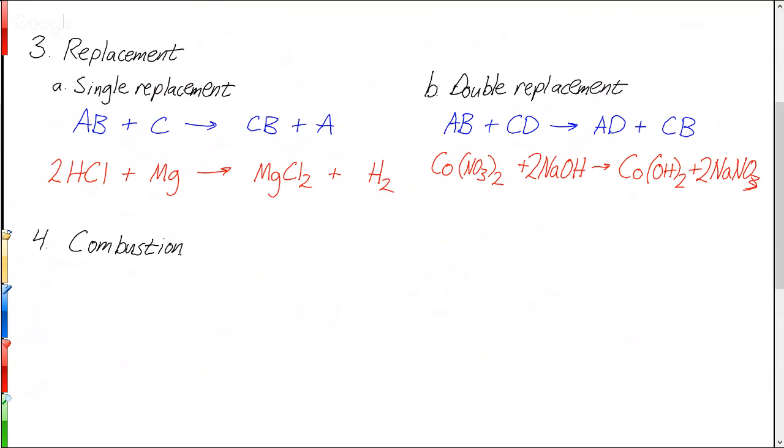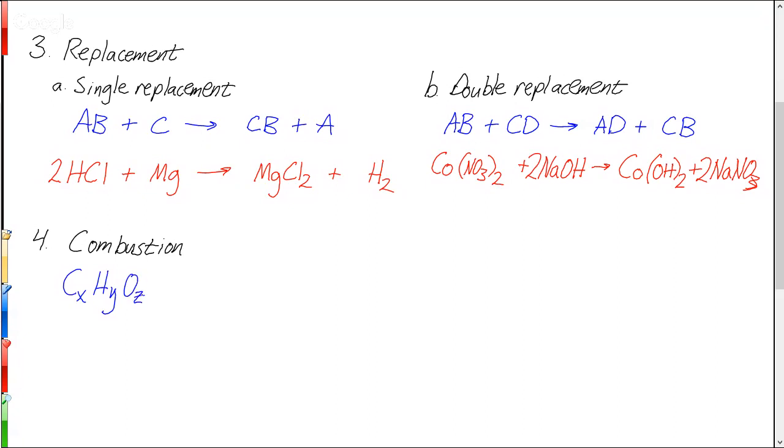Combustion is most generally defined as just the reaction of something with oxygen, but we use it more specifically to refer to carbon-containing compounds, hydrocarbons, fossil fuels, that kind of stuff, reacting with oxygen. So this one doesn't really have a general ABC kind of formula because it only applies to one class of compounds. So we have some general CHO type compound.